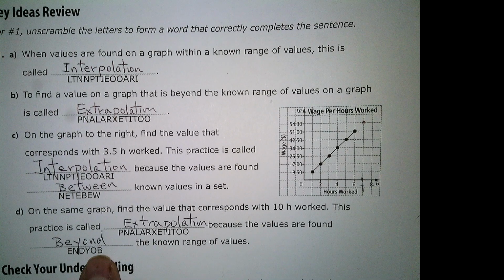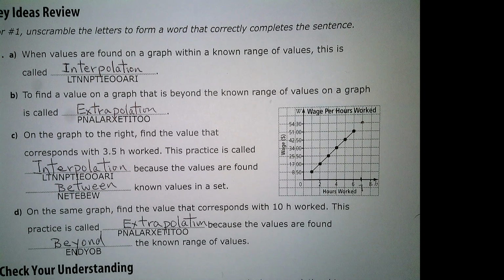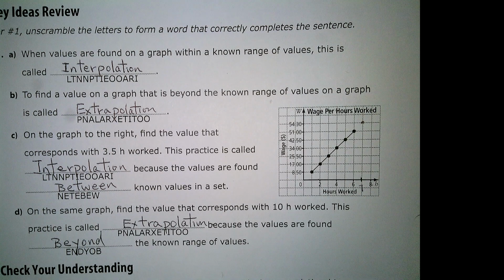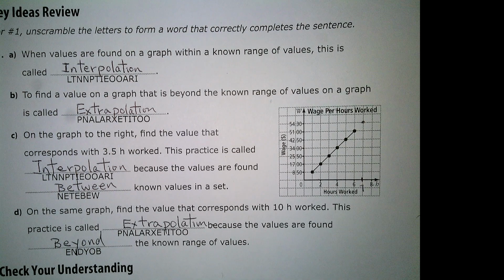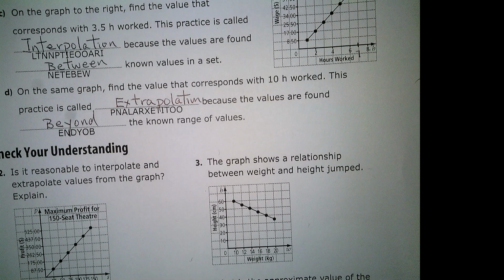Extrapolation is beyond the graph. See, 10 hours is outside the graph. It's going to be a very brief lesson. Later on, hopefully you can follow the same idea and work on the 4 questions assigned from the book. Number 2.